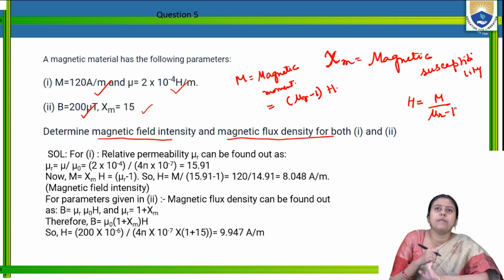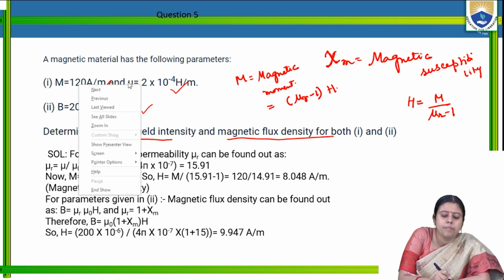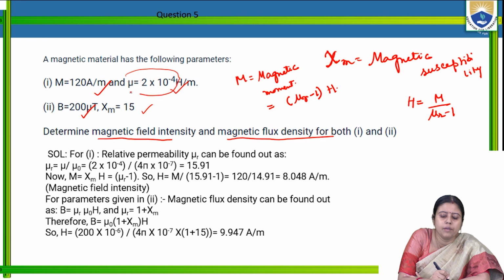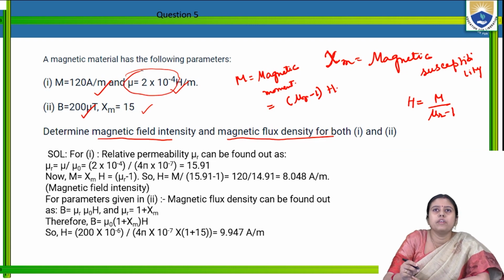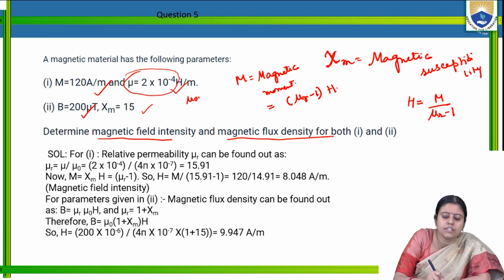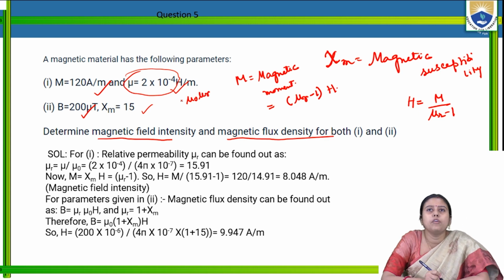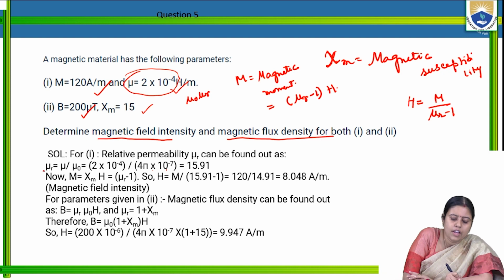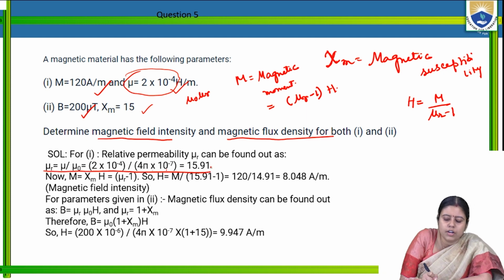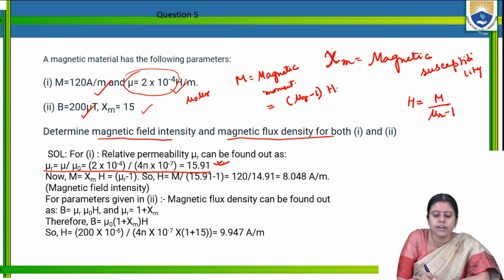In the problem, the mu r value is not given, but the value of mu has been given. Mu is equal to mu naught into mu r. The mu naught value is constant, 4 pi into 10 to the power minus 7. Keeping this value, we got mu r is equal to 15.91.